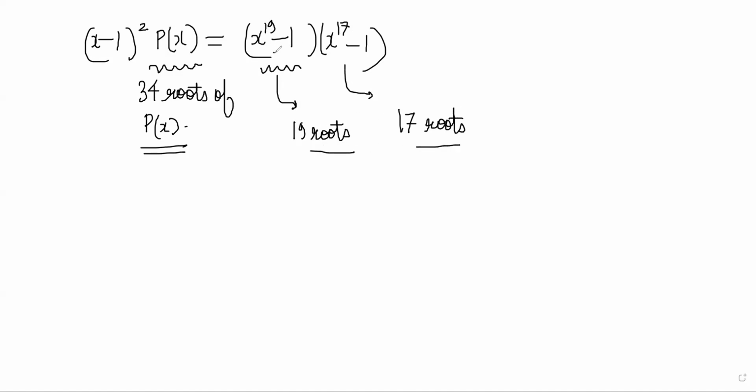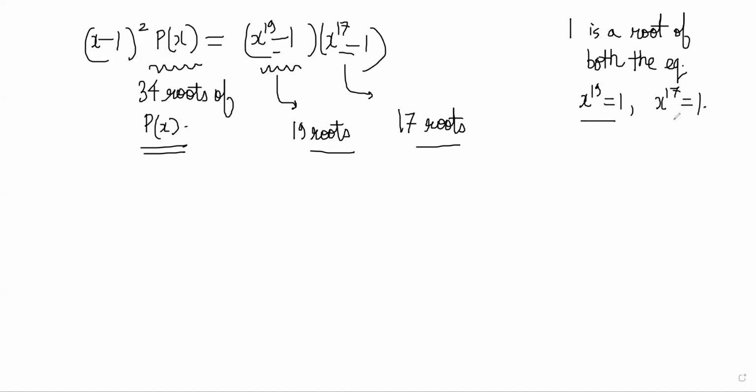But 1 is a root of both the equations, x power 19 is equal to 1 and x power 17 is equal to 1. So if you remove 1 from here, you get 18 roots here and 16 roots here. So total 34 roots which are other than 1.